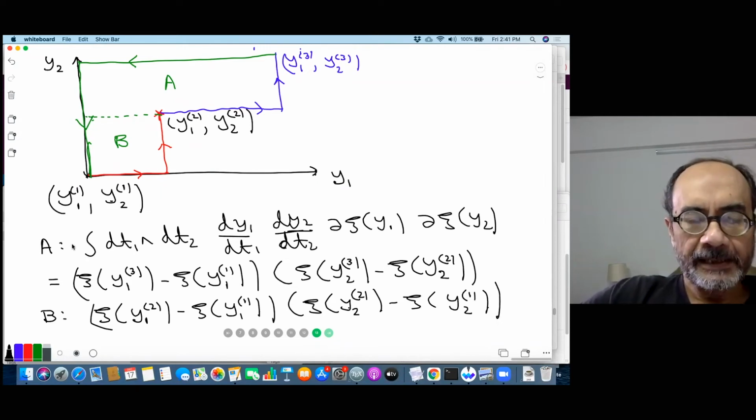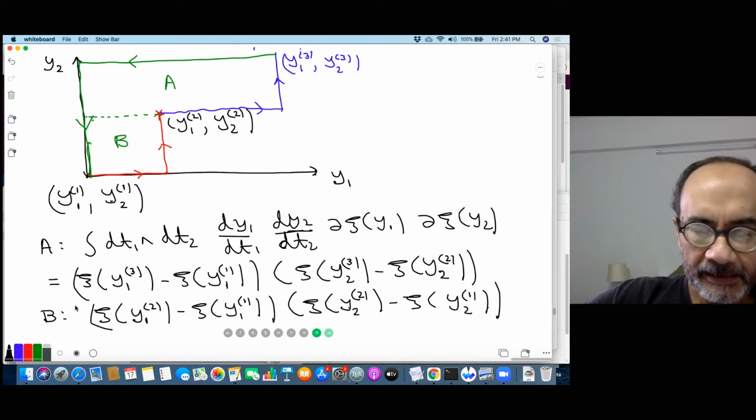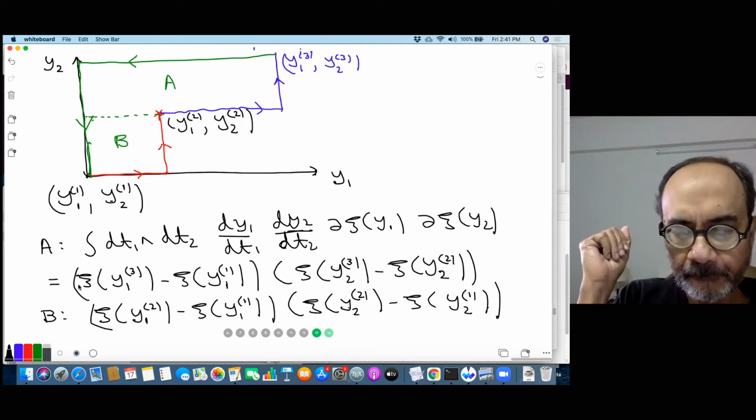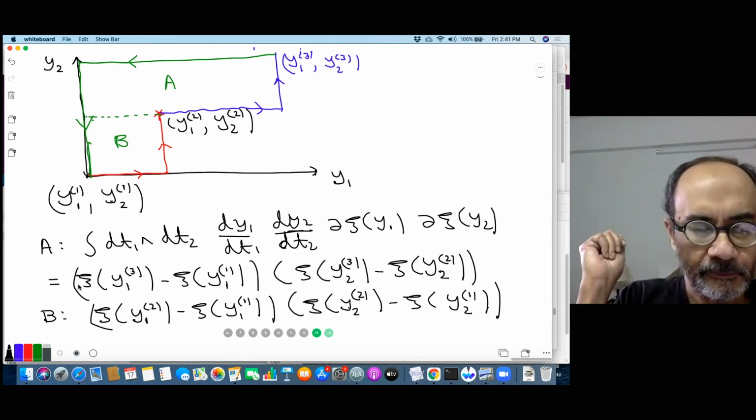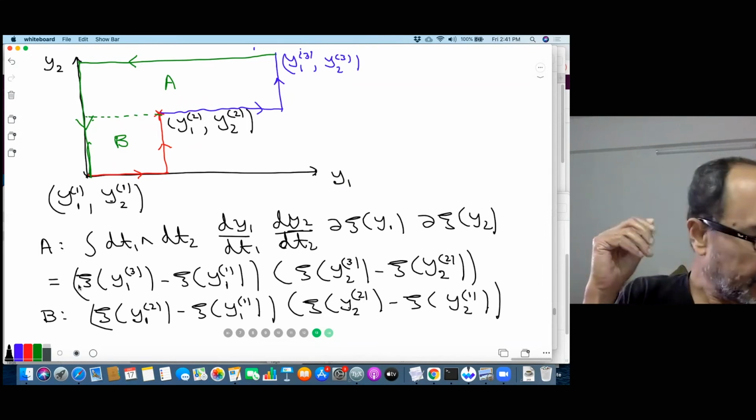So you have to add these in the integrand and then do the rest of the integral, which is two less dimensional. Is this clear?